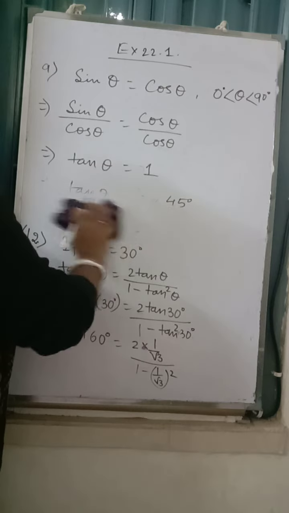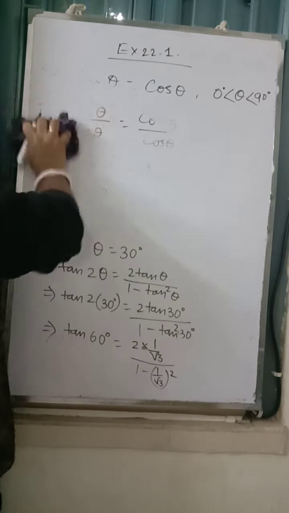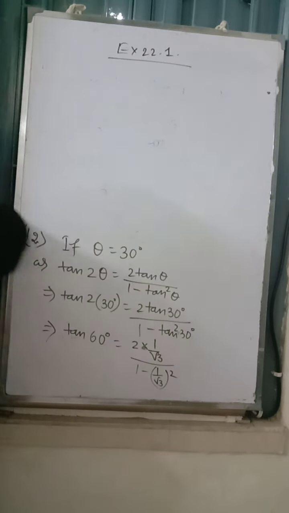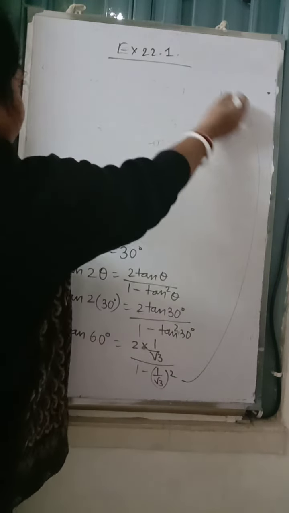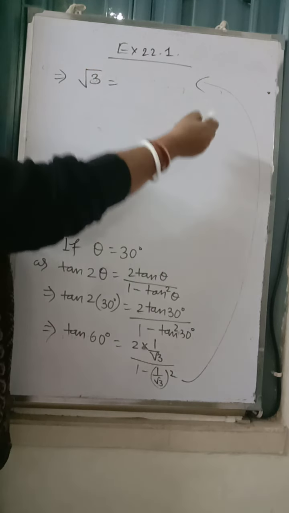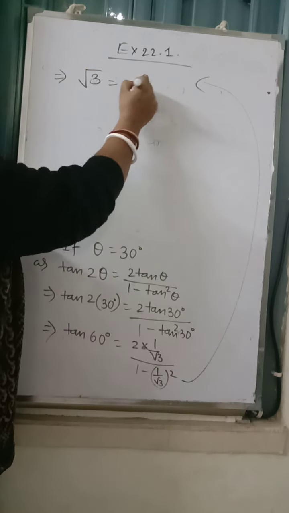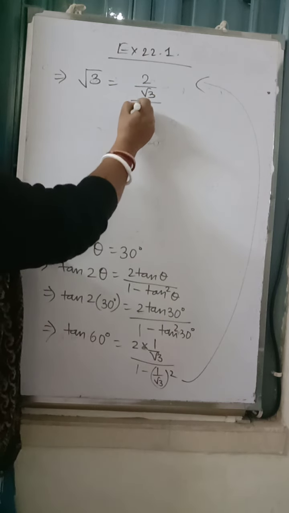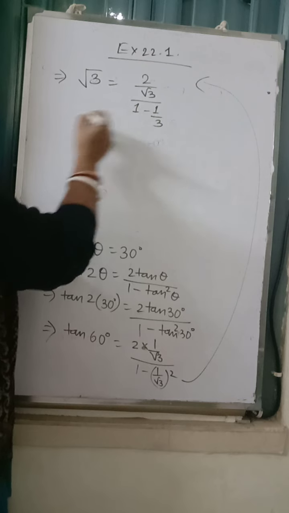Now just we'll put the values, and left side will put the value of tan 60, right side will solve it. Tan 60's value is root 3. Up we are having 2 by root 3. Down we are having 1 minus 1 by 3.